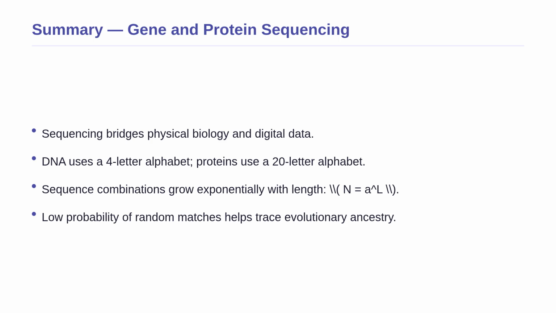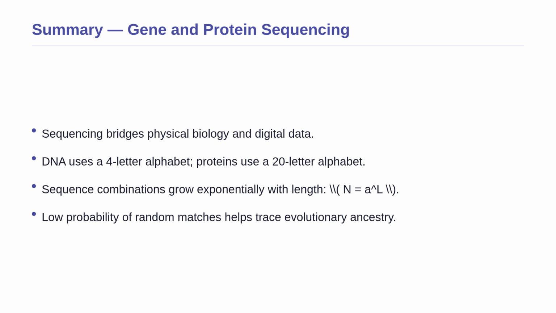We have covered a lot of ground today, so let us summarize the key takeaways. First, gene and protein sequencing is the foundational technology that acts as a bridge, converting physical biological molecules into digital data that we can analyze.